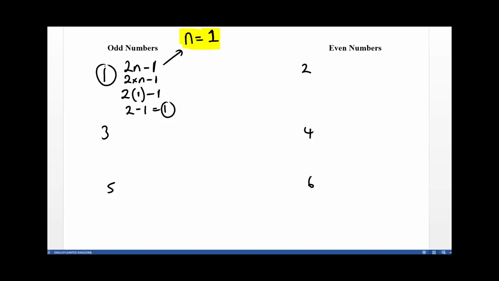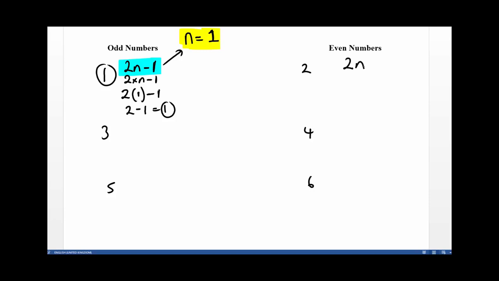That's interesting. So, just so you know, 2n minus 1 is your first odd positive whole number. So what would 2 be then, because we know that's even? I'm going to write it as 2n.